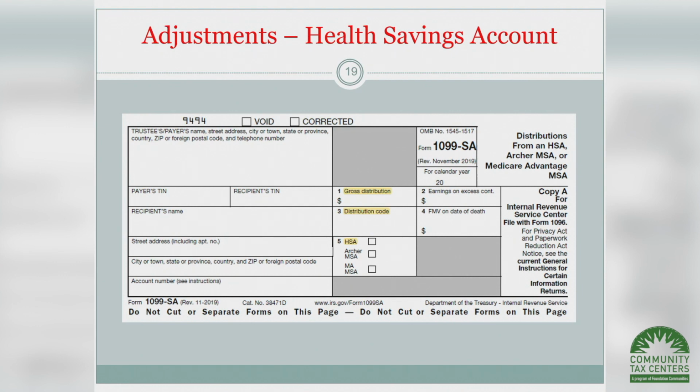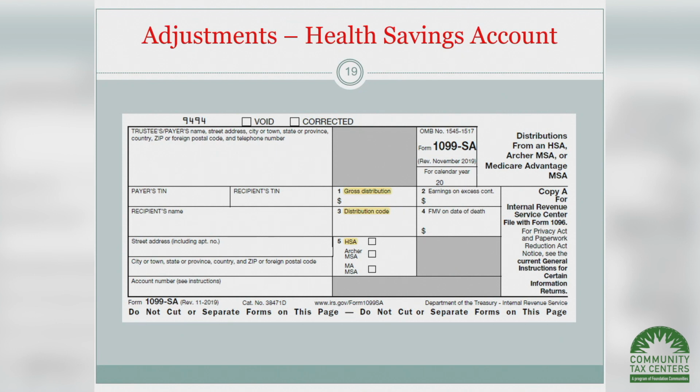If the employee took a distribution, then the employer is going to give them this 1099 SA, and it'll show under box 1 the gross distribution. Now, if the employee used it for qualifying medical expenses, then this is where it becomes an adjustment and they don't have to pay tax on it.